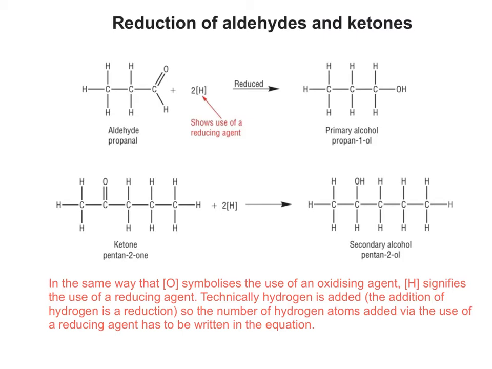Because technically hydrogen is being added, you can pause the video and count the hydrogens on the left on the aldehyde and then count the hydrogens on the right on the propan-1-ol, for example. You have to put the number of hydrogen atoms added in front of your [H] in square brackets. So in this case, because 2 hydrogen atoms are added, you have to put a 2 to the left of the [H] in square brackets.